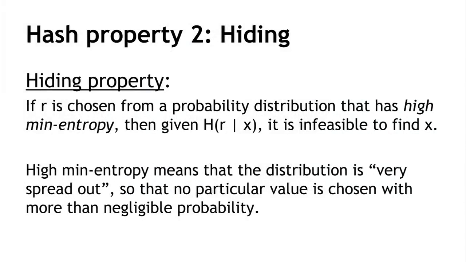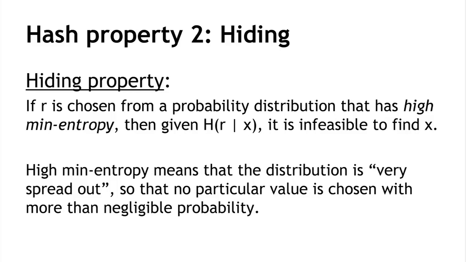So the hiding property that we are going to need to set up is a little bit more complicated. The way we're going to fix this problem with the common value x, like heads and tails, is we're going to take the x and concatenate it with a value r, which is chosen from a distribution that's really spread out. H of r concatenated with x means take all the bits of r and put after them all the bits of x.